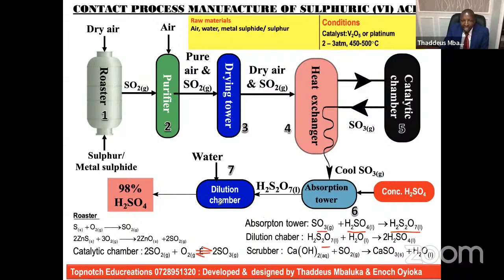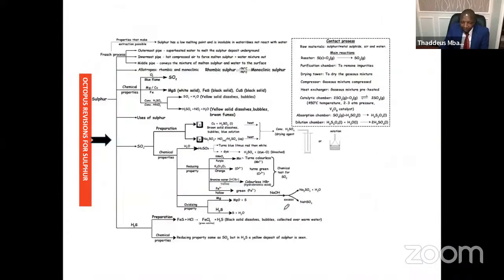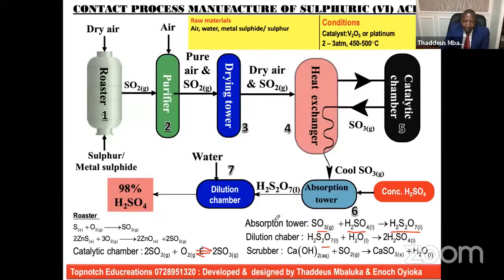Then we have the unreacted sulfur dioxide. The unreacted sulfur dioxide, after the dilution chamber, is taken to recycling, and also the main pollutant in the contact process is sulfur dioxide, which can be removed using scrubbing.